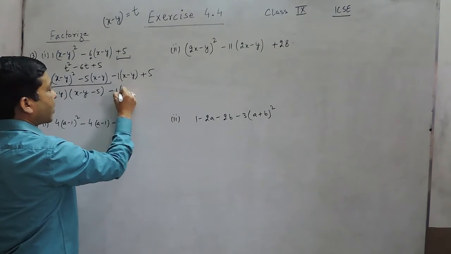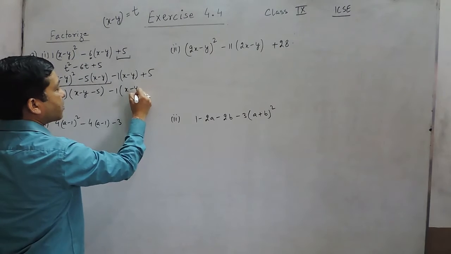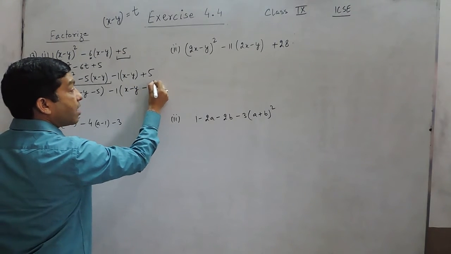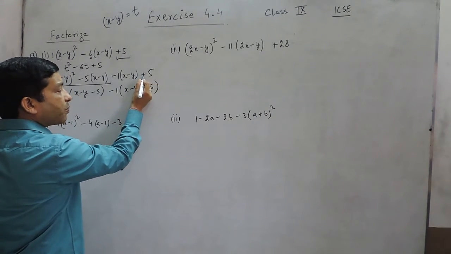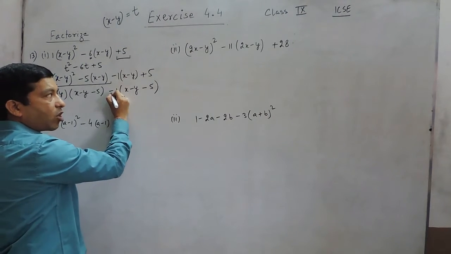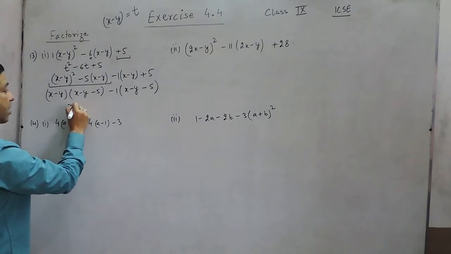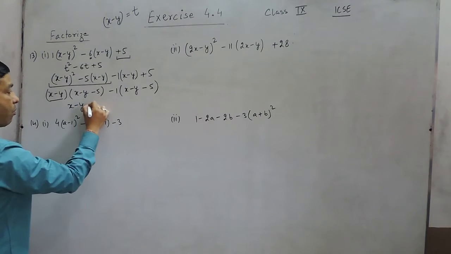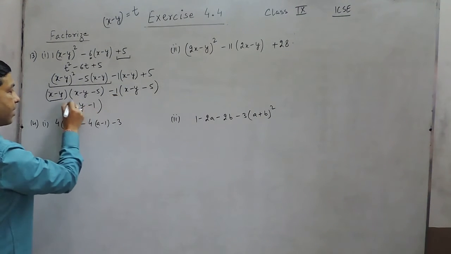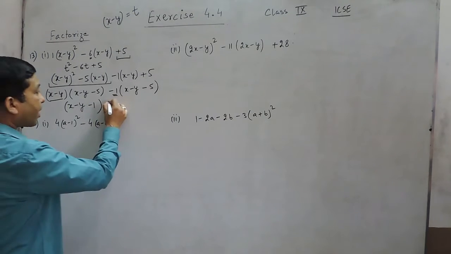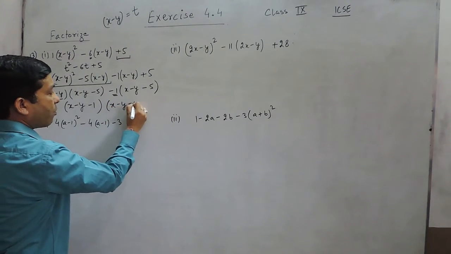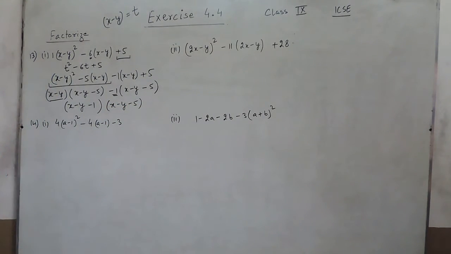Here if I take −1 common, again it becomes x − y − 5, because out of this +5, I have taken −1 common, it becomes −5. So the two factors become x − y − 1 as one of the factors, and x − y − 5 as another factor.